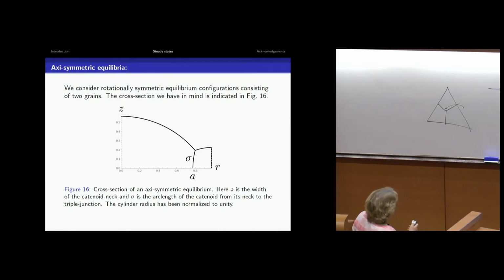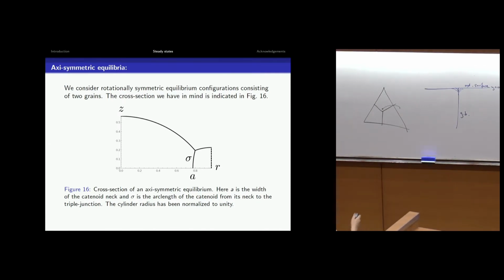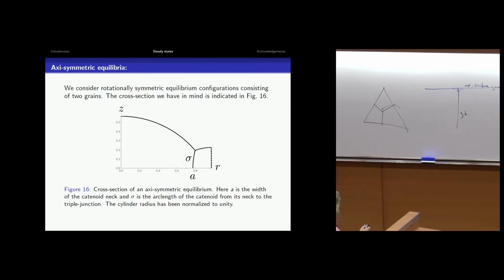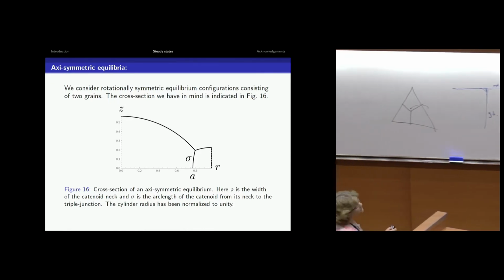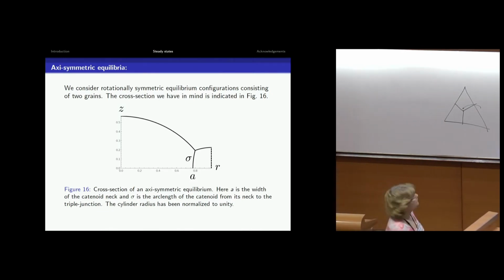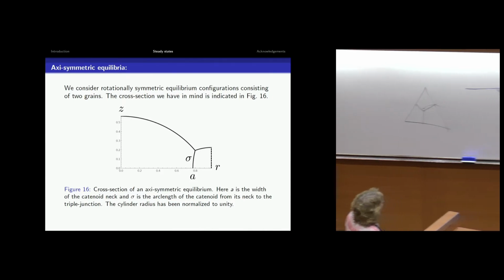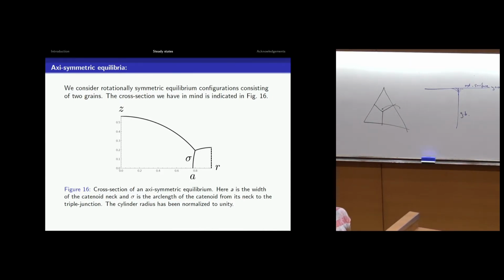Okay? And then it turns out, with a little thought and a bit of work, that if you want two grains to coexist in this system, then basically you have to have a spherical section, a catenoid, which has to have zero mean curvature, and this other part, which is called a nodoid. What is this A and sigma?